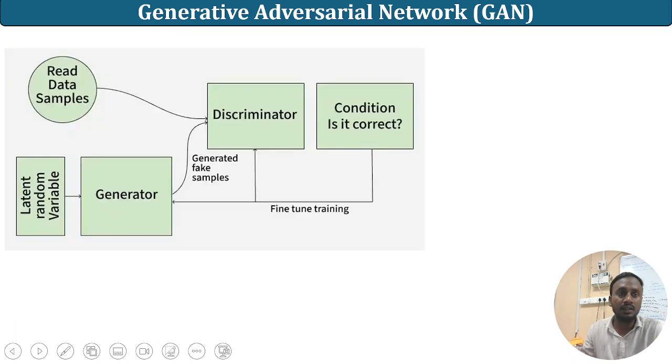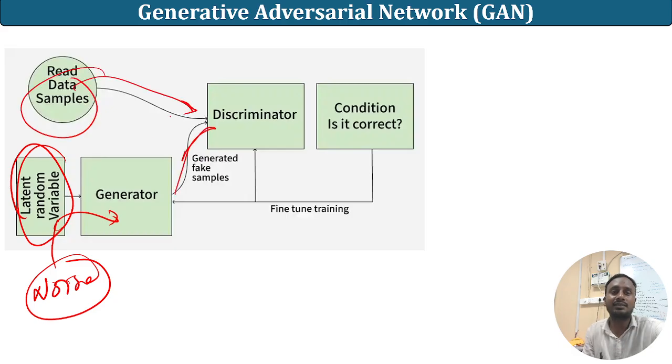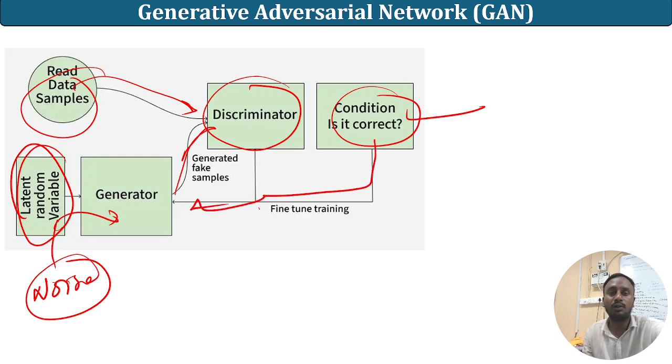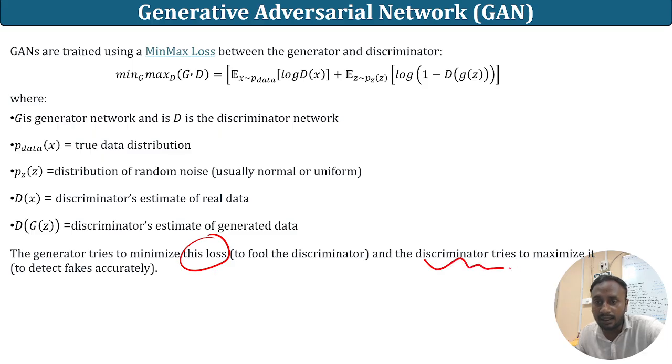Okay. So how is it going to work? The latent random variable, which we call noise, is going to generate the fake sample. With real data, if the discriminator's decision is correct, that's fine. If not, we have to do fine tuning. This is the min-max loss function for the generator and the discriminator. The generator tries to minimize the loss and the discriminator tries to maximize it, meaning detect the fake.